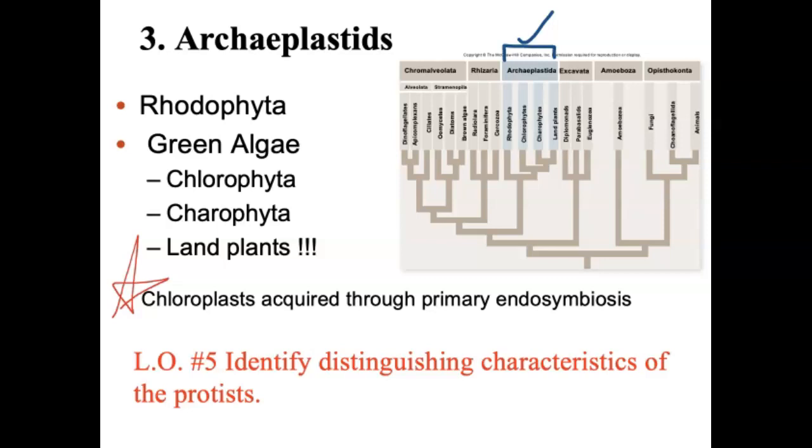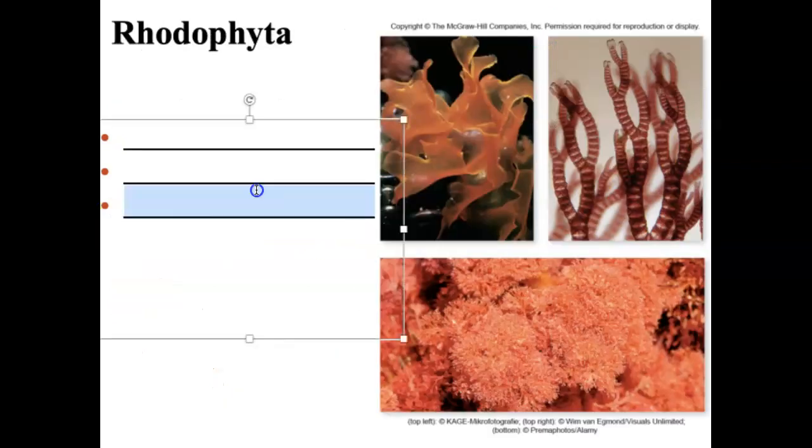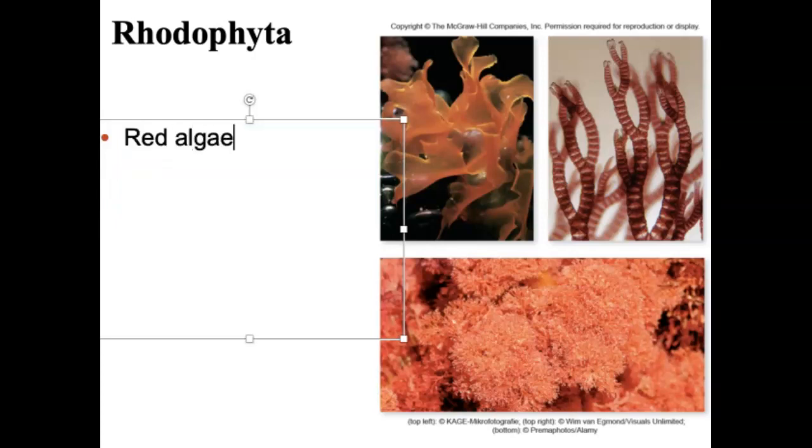Okay? All right, so let's check out Rhodophyta and see what is unique and special about these guys, and what are the odds you've actually had some exposure to them today. So Rhodophyta are the red algae. They have red pigment in them.